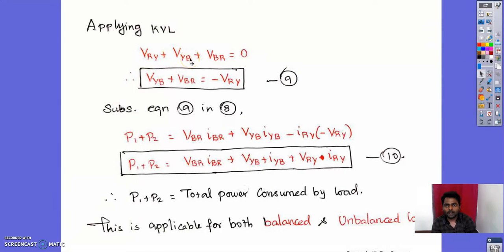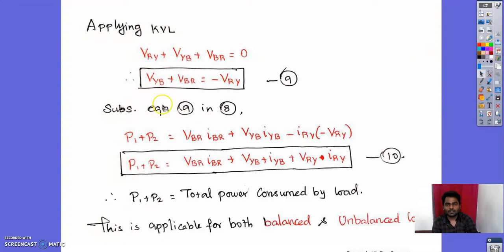So voltage law is sum of potential rise is equals to sum of potential fall. We have only potential rise here. So potential rises are voltages of all the phases. VRY plus VYB plus VBR will be equal to 0. So from this equation we can understand that VYB plus VBR is equals to minus VRY.